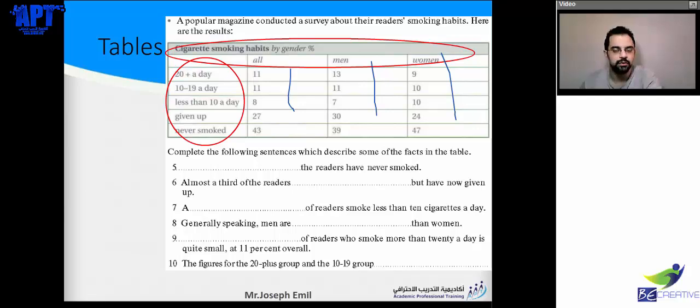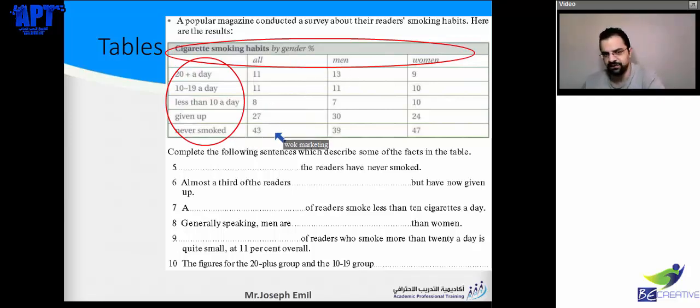Alright? So, first, you are seeing this all here. When you consider everyone, regardless of gender, 11% of smokers smoke 20 plus a day.